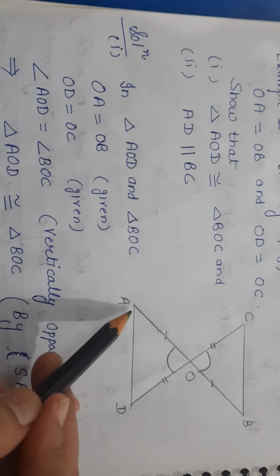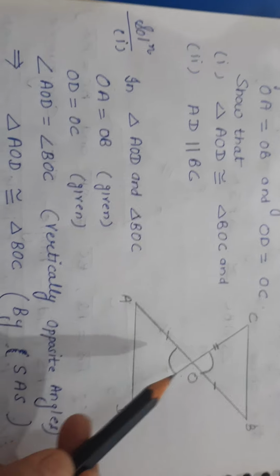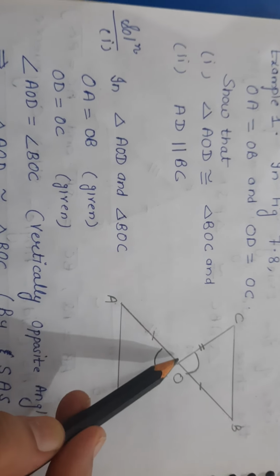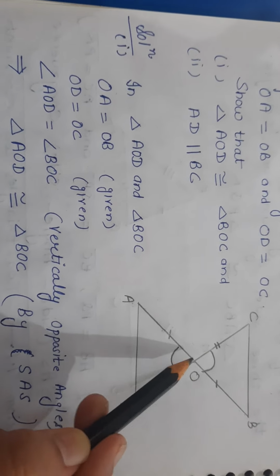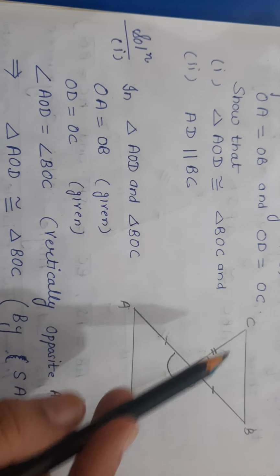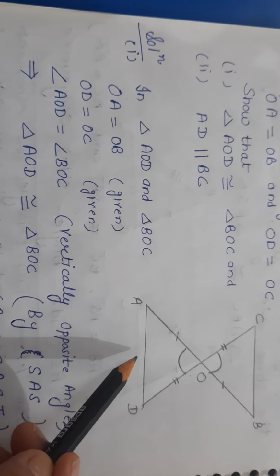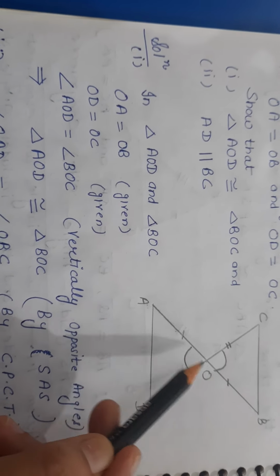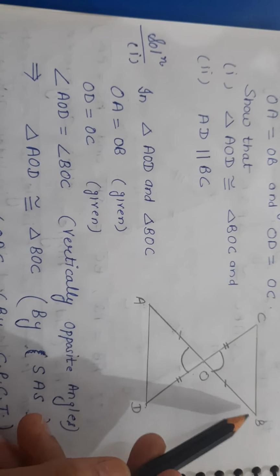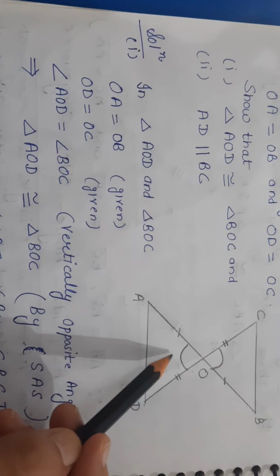So we have OA equal to OB, given. OD equal to OC is also given. Angle AOD is equal to angle BOC, vertically opposite angles. So these two triangles are going to be congruent. Triangle AOD is congruent to triangle BOC. By which criteria?